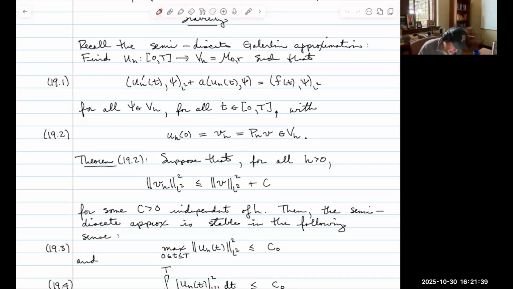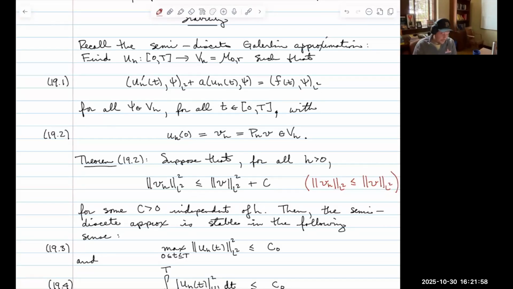There's another way that this is commonly done, and we could assume that in the L2 norm, this projection is less than the L2 norm of the original function. This is also a standard possibility.